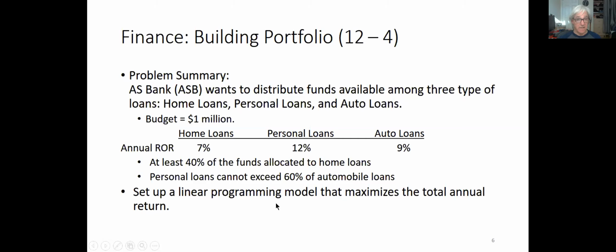Incidentally, such problems do not necessarily always try to maximize the return. It also can be to minimize the total risk. You have to build a risk function and try to minimize it, and it will be a function of how much money you put in each loan. Of course, then the best solution would be not to loan any money, because then the risk of the portfolio is 0.